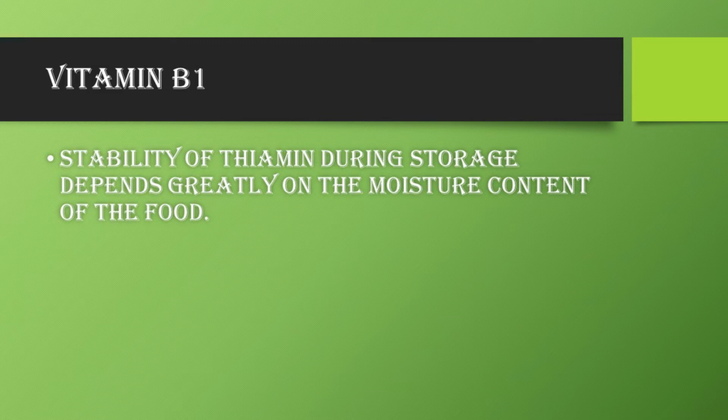At pH values of 3.5 or below, foods can be autoclaved at 120 degrees C with little or no loss of thiamine. At neutral or alkaline pH, the vitamin is destroyed by boiling or even by storage at room temperature.